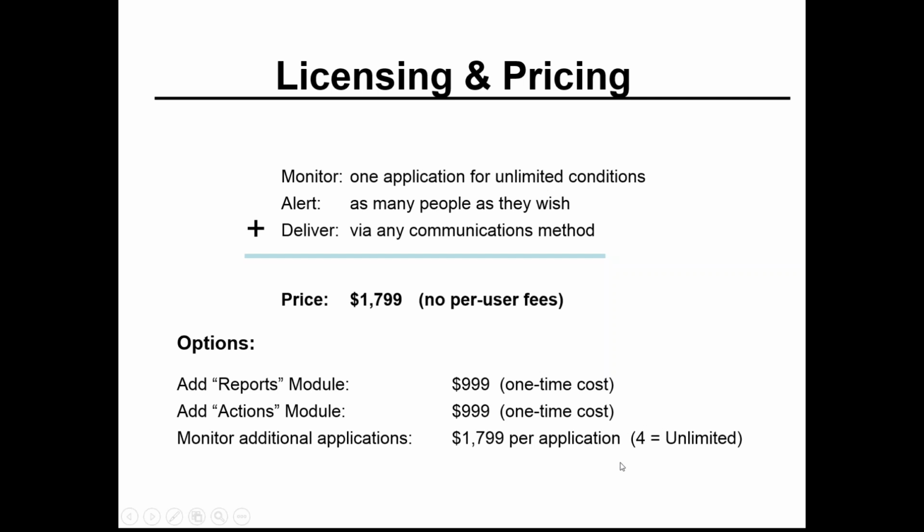However, once you hit 4 applications being monitored, we automatically grant you what's called an unlimited connection license, meaning that you can monitor every single business application you own today or ever will own, as well as monitoring incoming email and even your operating system.